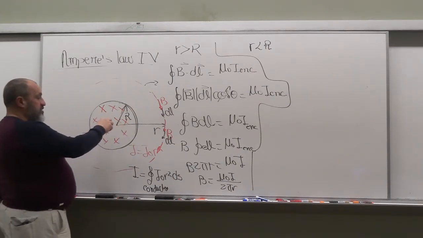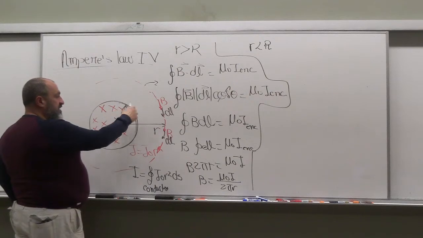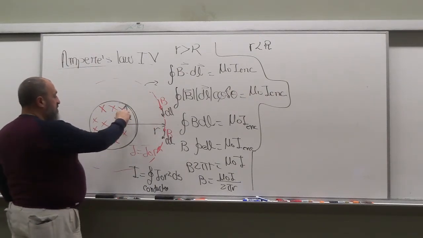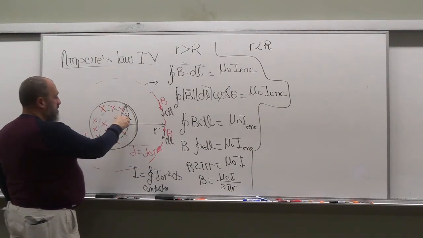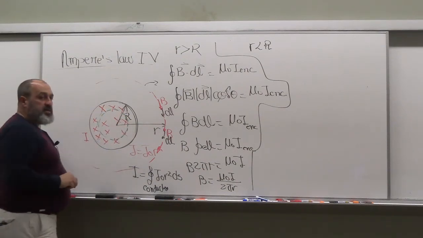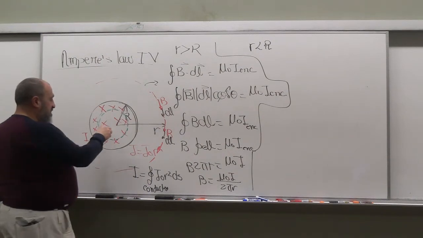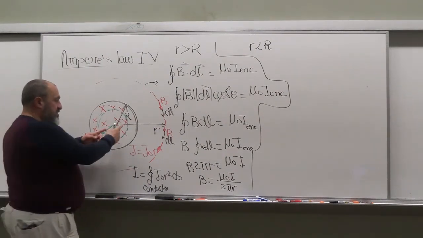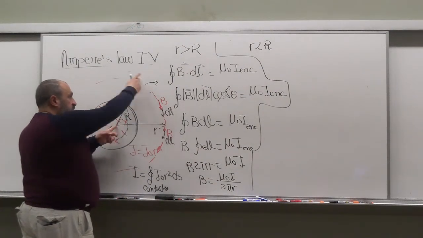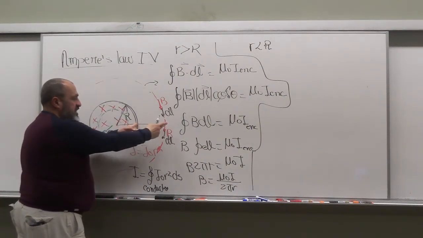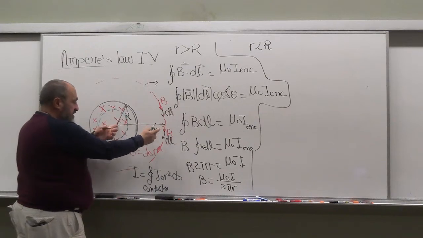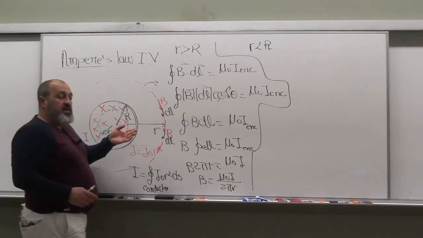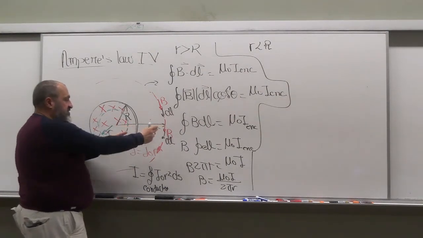Now, I'm hoping you did. What we need to do, we've done the field outside, it's just mu naught I over 2 pi r. What about the field inside the conductor? The radius r now of the Amperian loop, and again, I'll remind you, the r of the Amperian loop when it was outside doesn't go from here to there. The radius goes from the center of the Amperian loop, which is the same as the center of the charge distribution for symmetry. So r is this distance, not that distance. Right?